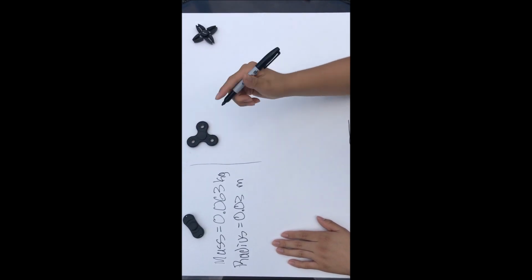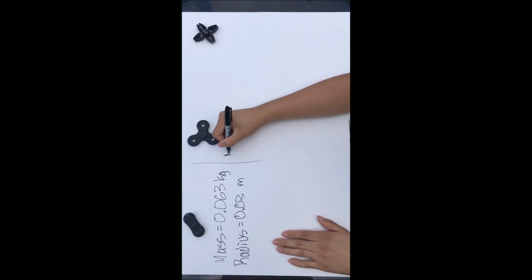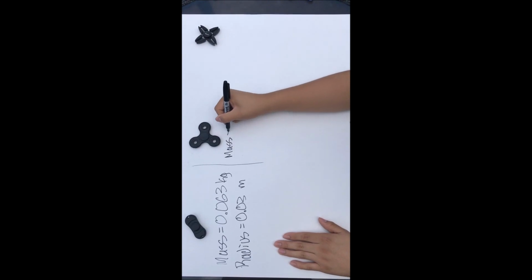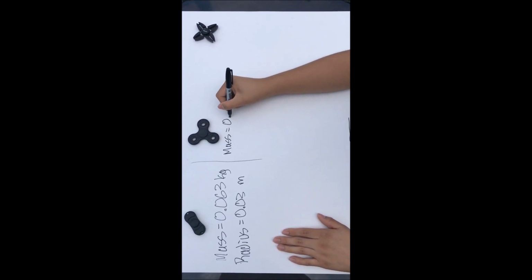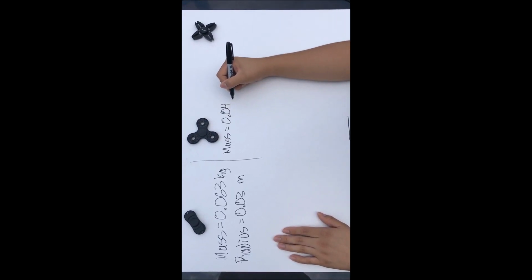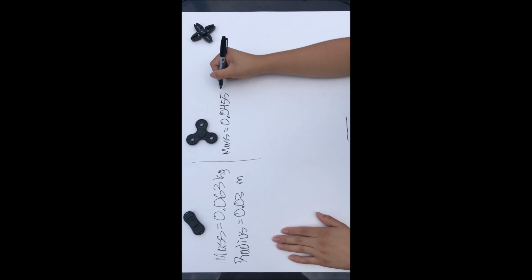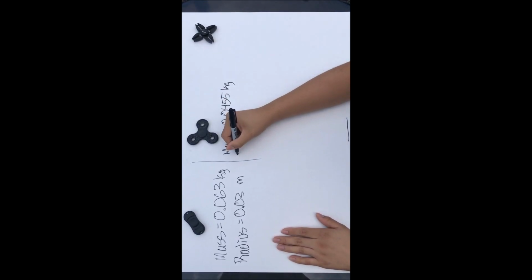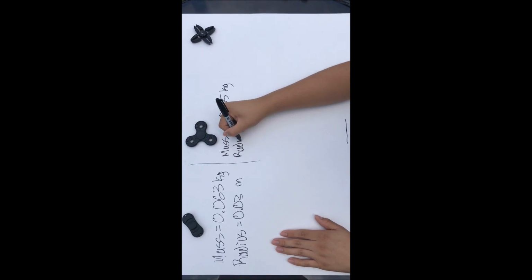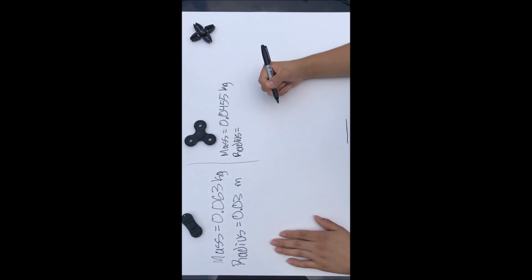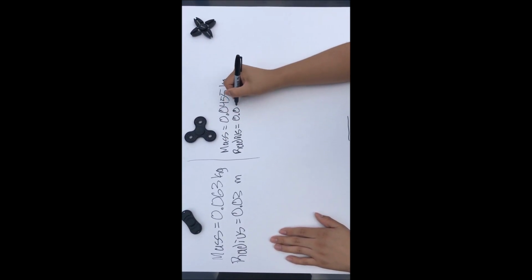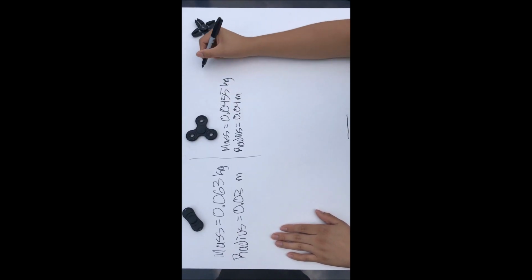And the 3-pronged has a mass of 0.0455 kilograms, radius equals 0.04 meters.